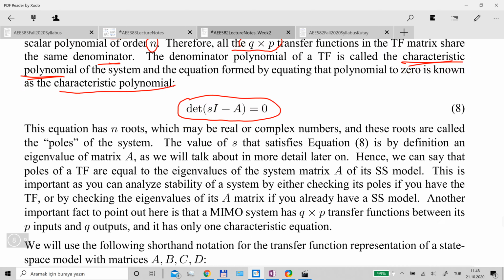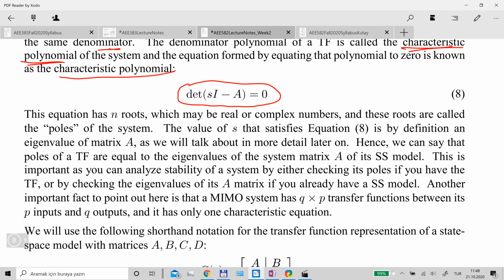And there's another important fact here that I should mention. In a multi-input, multi-output system, you have a transfer function matrix.